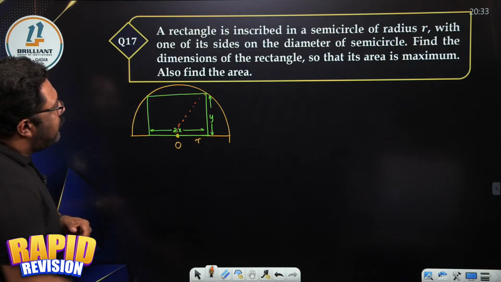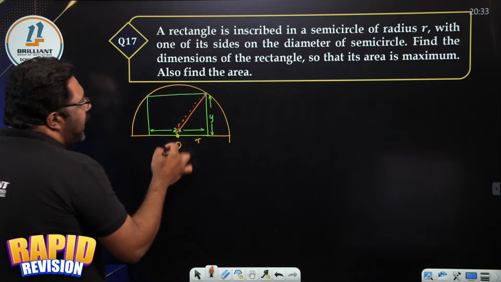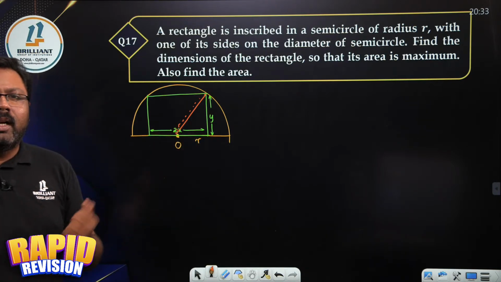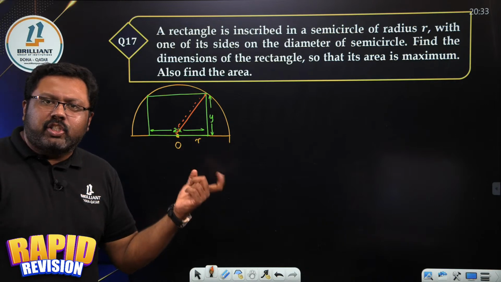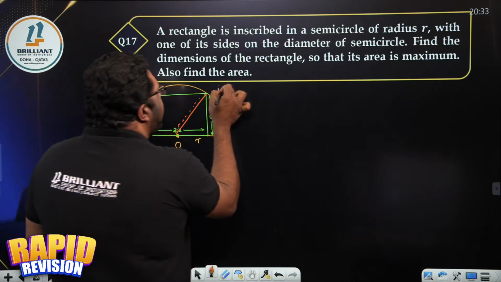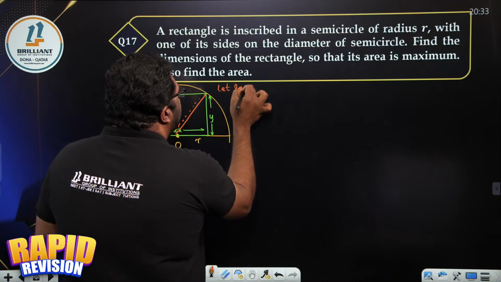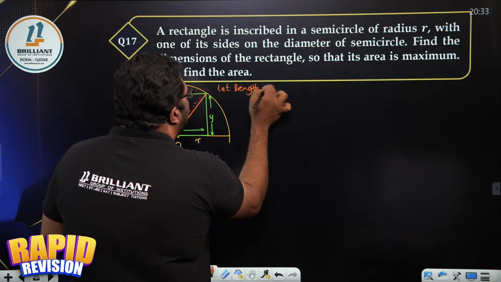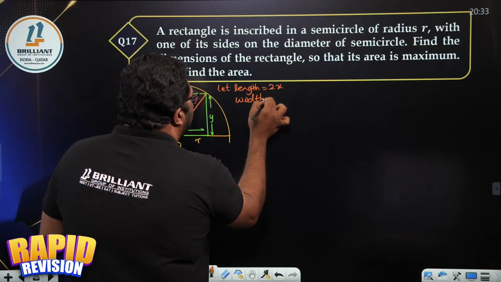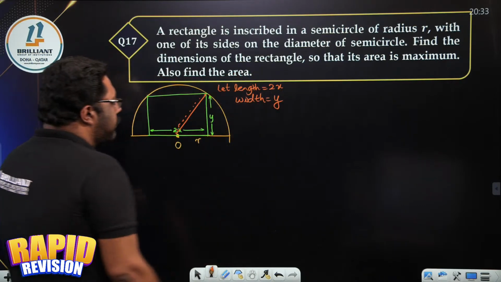If I take it as x, the side of the triangle will become x by 2, and I do not prefer fractions in calculations. So that's why I took it as 2x. Let length equal 2x, width equal y.